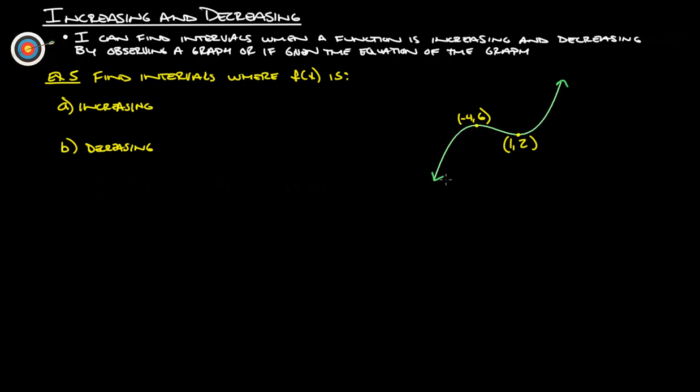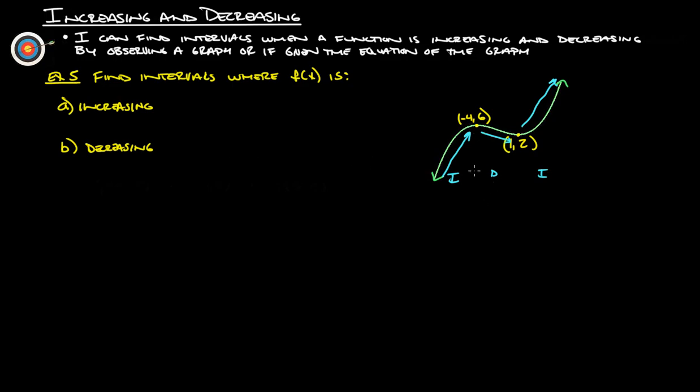Right here, this is definitely going up, so this is increasing. From here to here, it's going down, so that's decreasing. And then from here on, it's going up, so this is increasing. So we have two spots where it's increasing, and one place where it's decreasing.